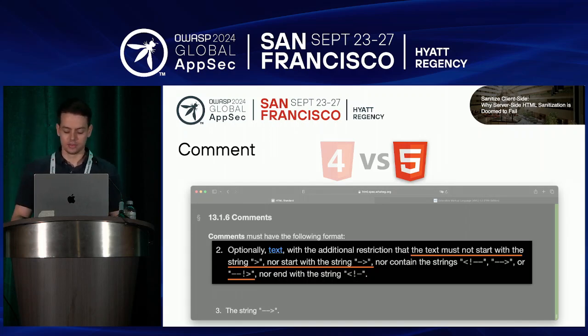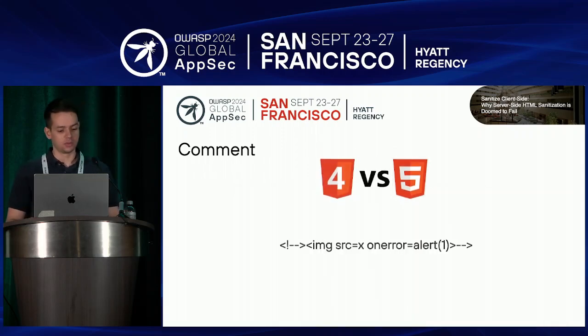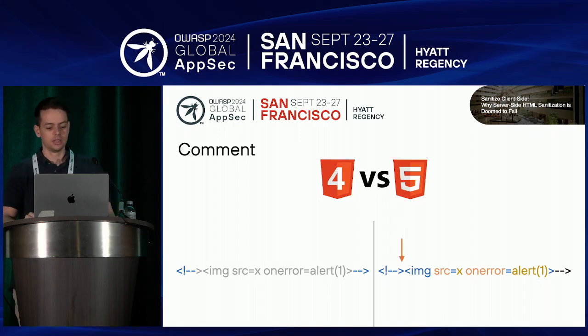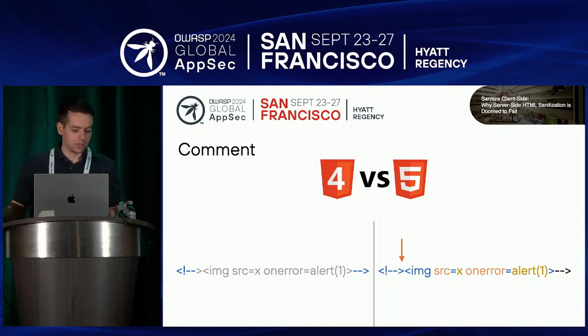An attacker now can take advantage of that and create the following payload. And if we take this one and we parse it in those two different versions, you can see that in HTML version 4, everything is commented out. And in HTML version 5, on the other hand, the comment will actually end here. And everything that comes afterward will be just rendered as normal HTML.